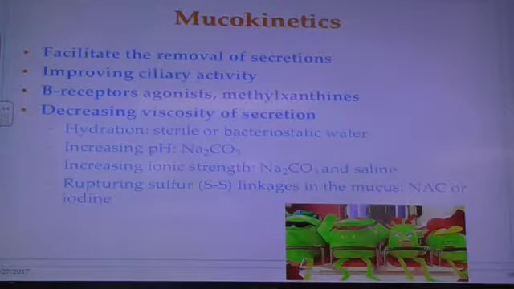The sulfide bonds happen when there are remnants or a lot of DNA. Once the DNA is released, it accumulates and forms the sulfide bonds. This drug is going to break down the sulfide bonds, and the mucus is going to be less viscous.